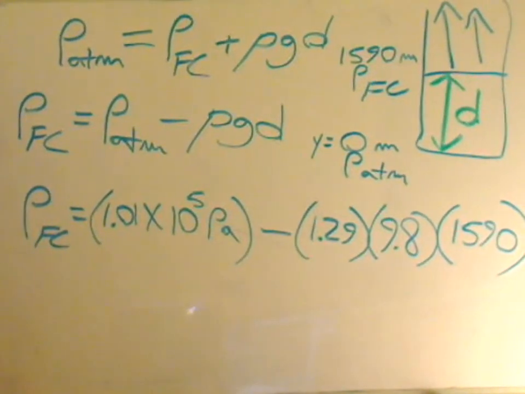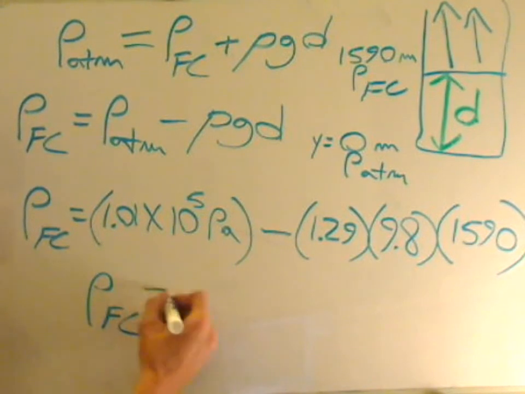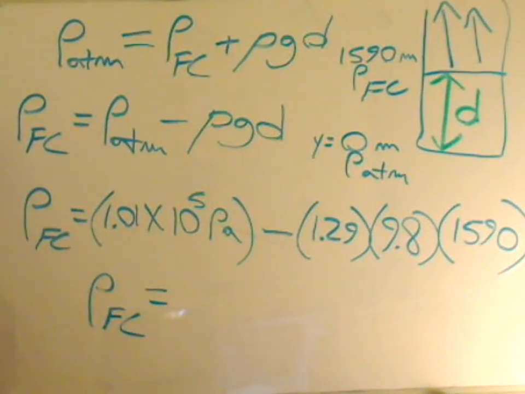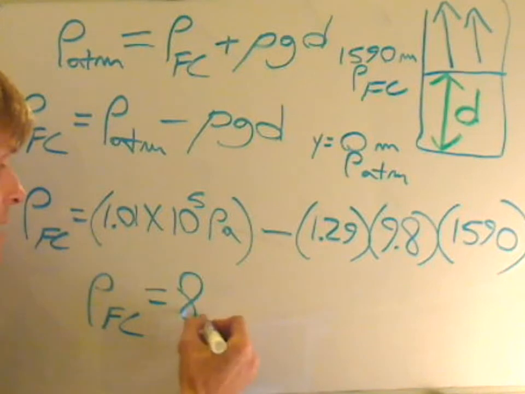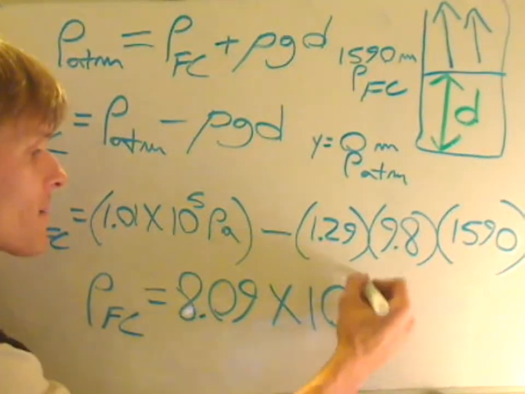So we do that calculation, and you find the Fort Collins atmospheric pressure is 8.09 times 10 to the 4 pascals.